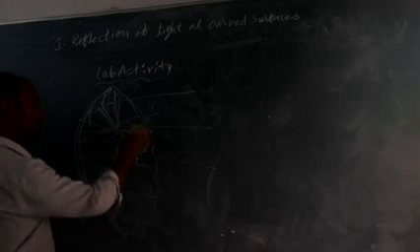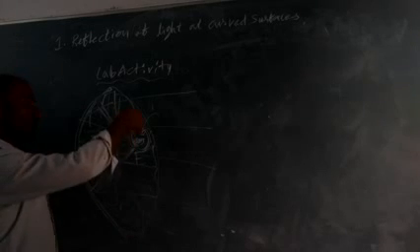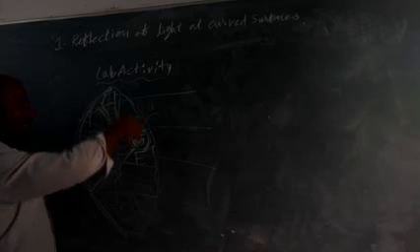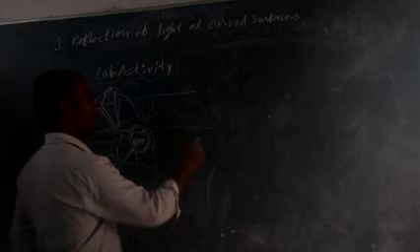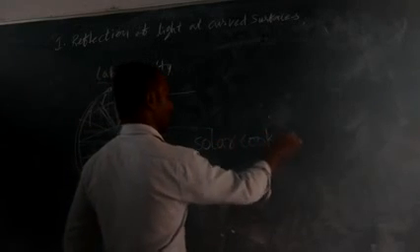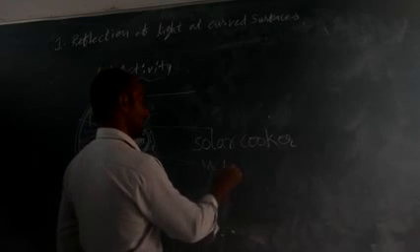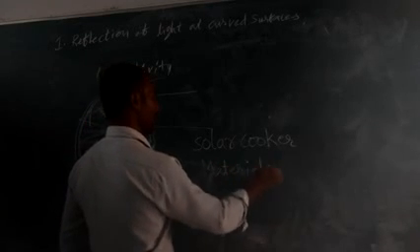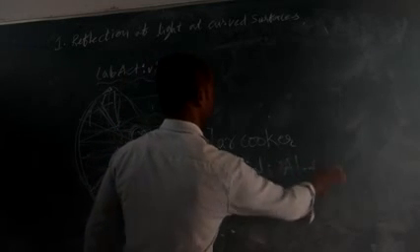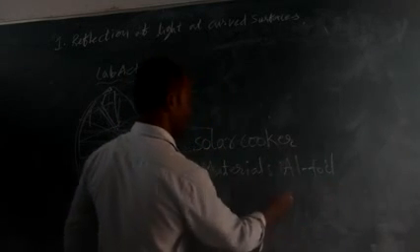If you keep rice, vegetables or anything you want to cook in it, it will be cooked by this solar cooker. This is the preparation of a solar cooker. What are the materials required? One is aluminum foil, and another one is what?